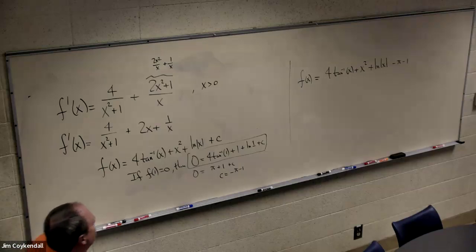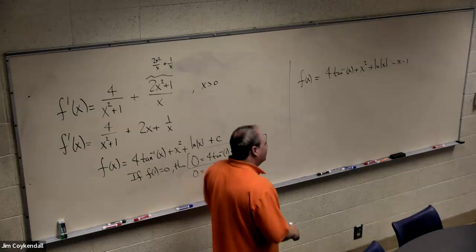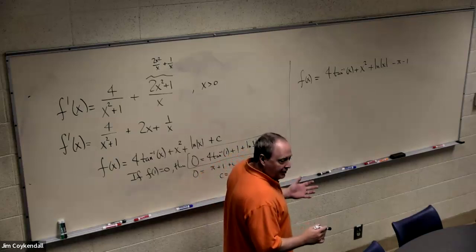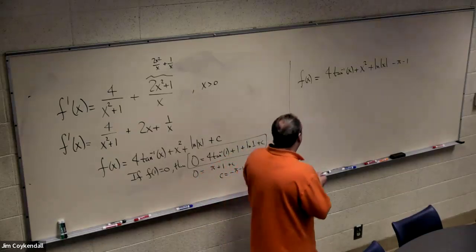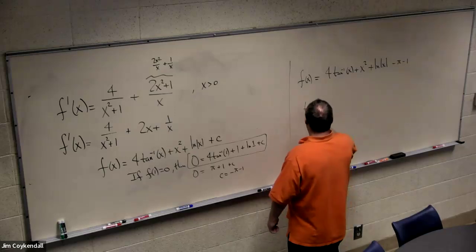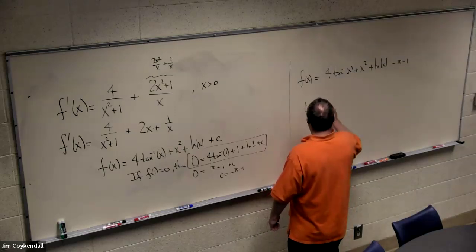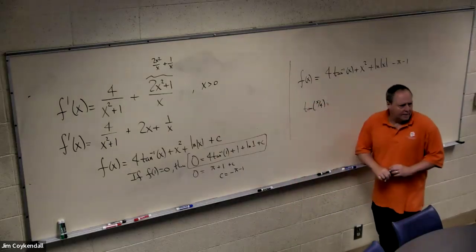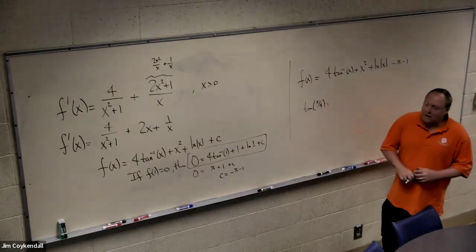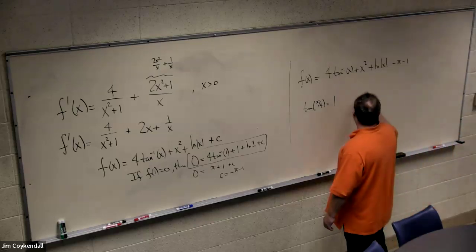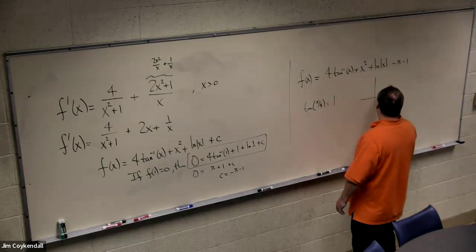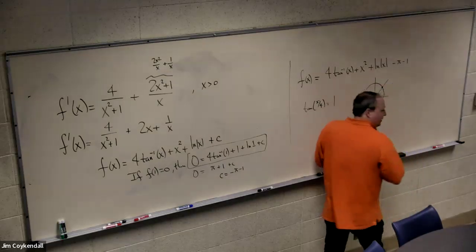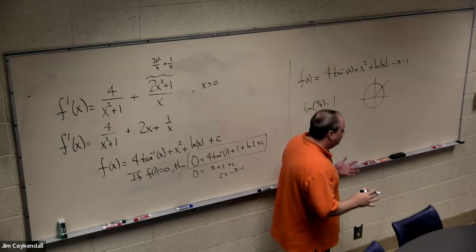Let me ask you this: do you know what the tangent of pi over 4 is? Because if you think about circle trigonometry, at pi over 4 the sine and the cosine are equal.